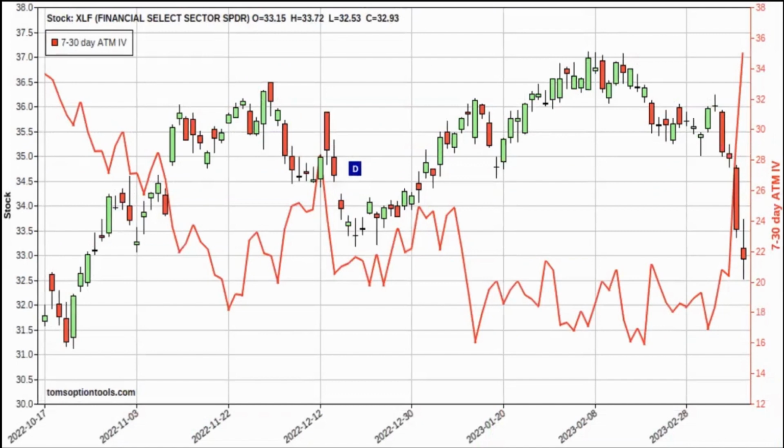Now, the icing on the cake is when stocks or sectors, ETFs in this case, drop hard, the options get more expensive. So this red line is the expense of the options. So we can sell credit spreads that are more expensive then.